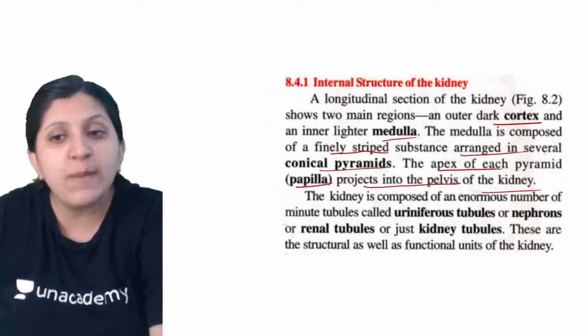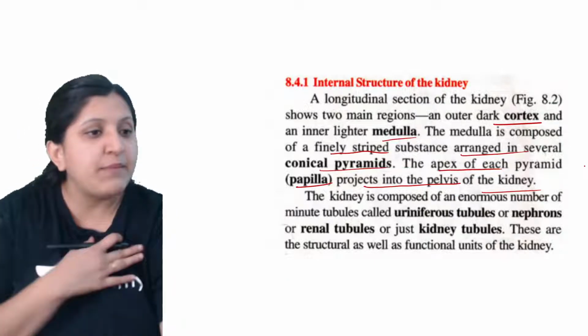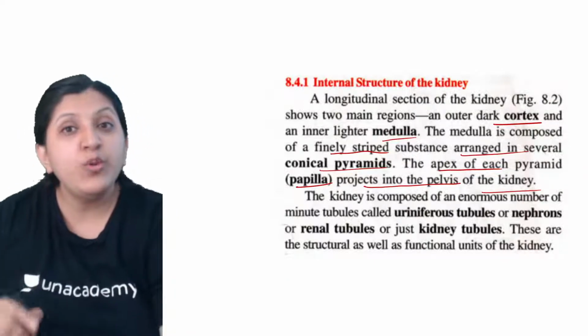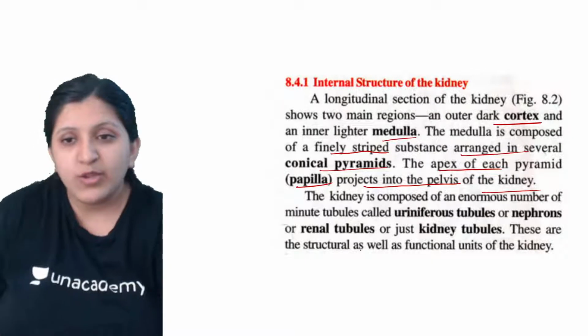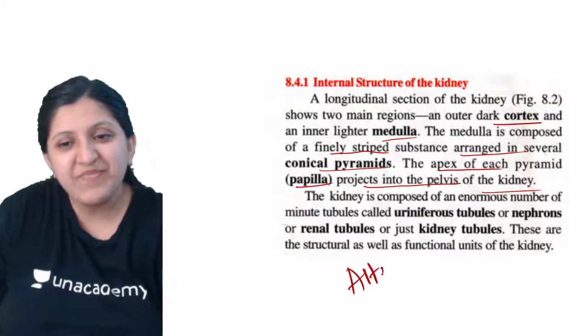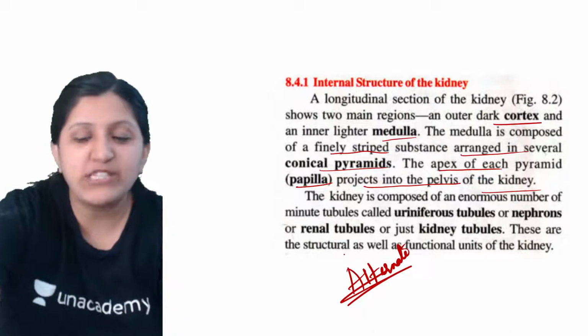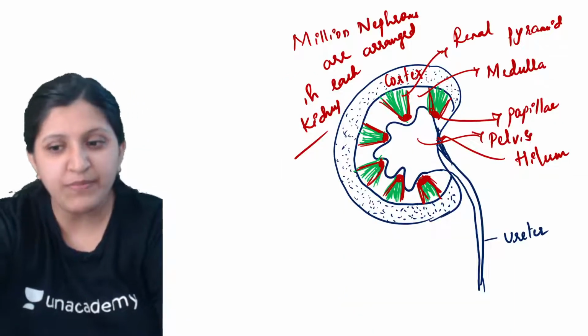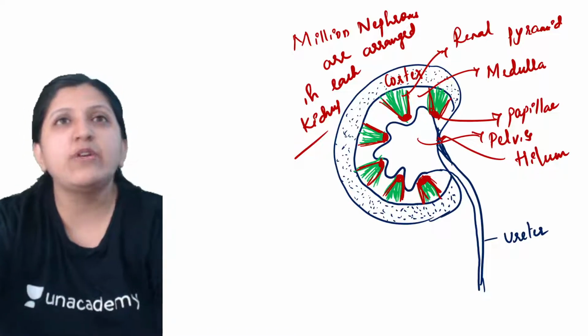The kidney is composed of an enormous number, that means many, uriniferous tubules. Know the alternate names here. I just wrote nephron, but don't think you can only use nephron.